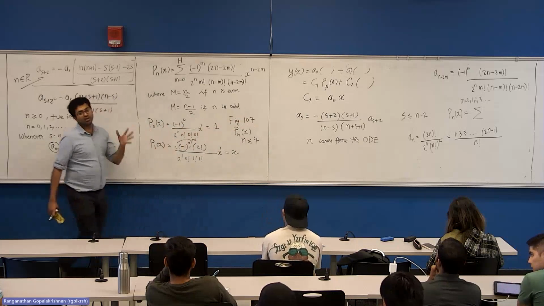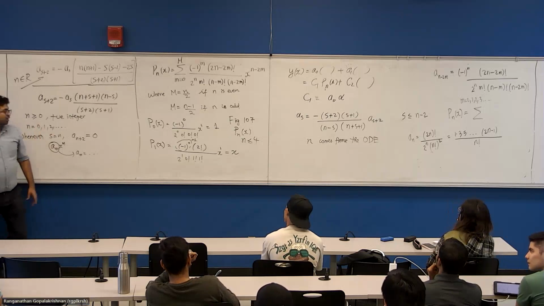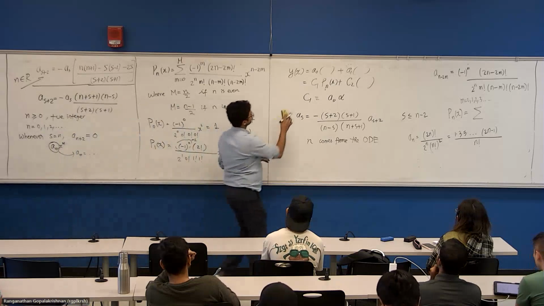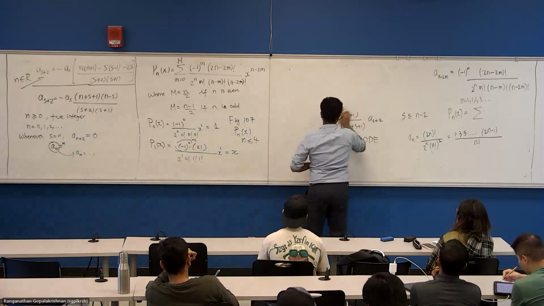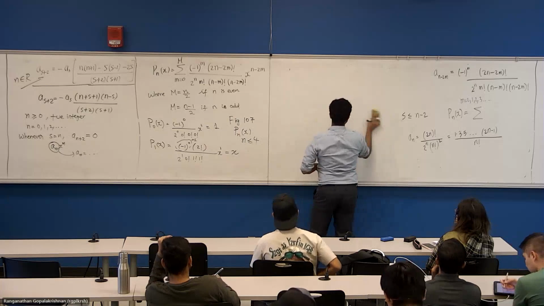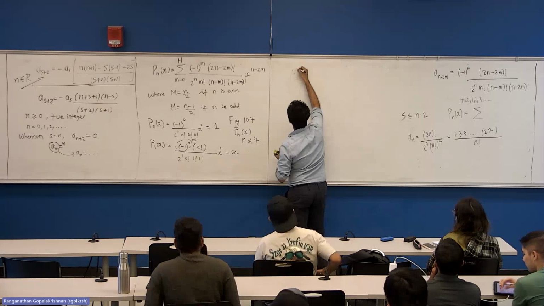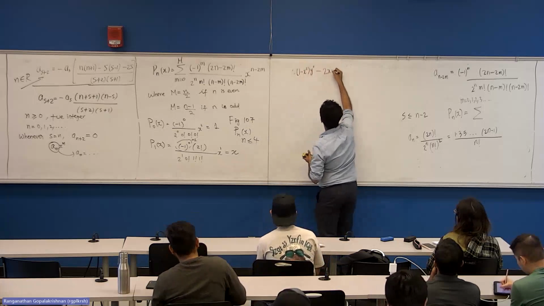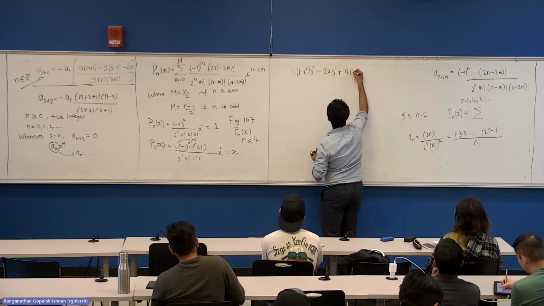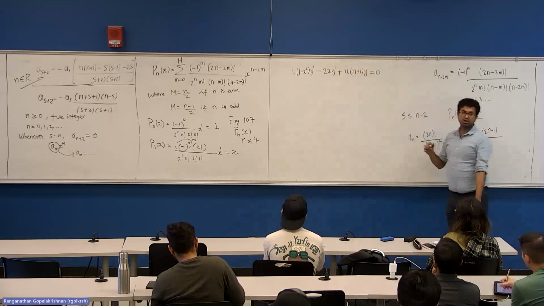Okay. So what do you need to learn here? What do you need to be able to do after this exercise? If you see this equation, 1 minus x squared times y double prime minus 2x y prime plus n times n plus 1 times y equal to 0, what is always the goal?